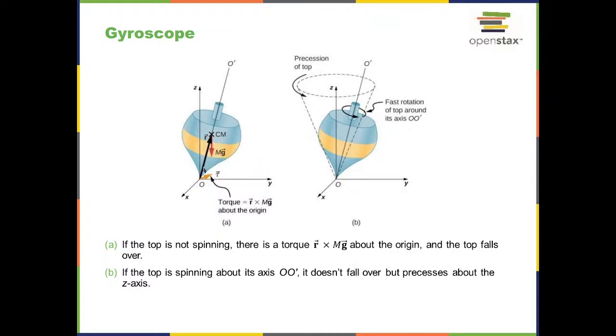The torque is going to point perpendicular to the vector r and the vector of the force, so in this case somewhat along the minus x axis. And that torque in turn will cause the top to fall over. That's a very well-known situation. If you put something that isn't balanced on the ground, it will topple over under the influence of gravity, right? That's the torque that takes over, and this torque causes the direction of the axis to fall over. That's what happens when there's no rotation.